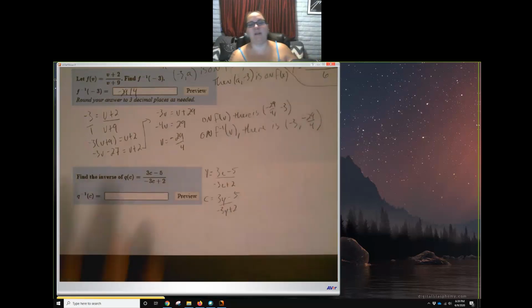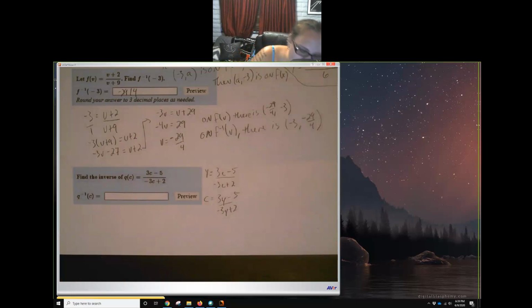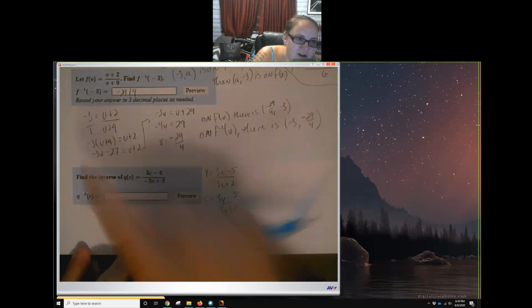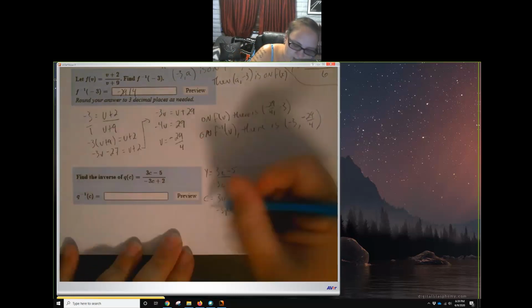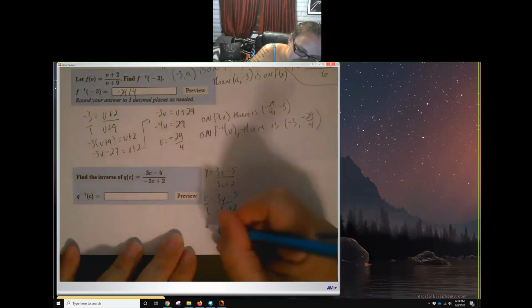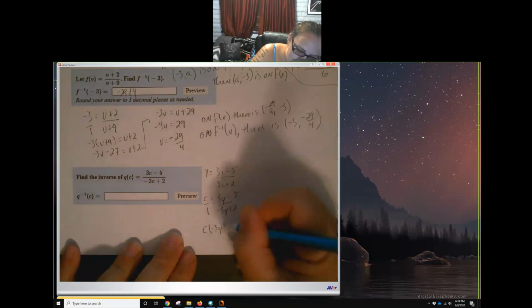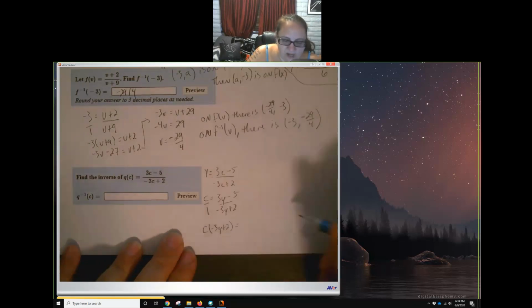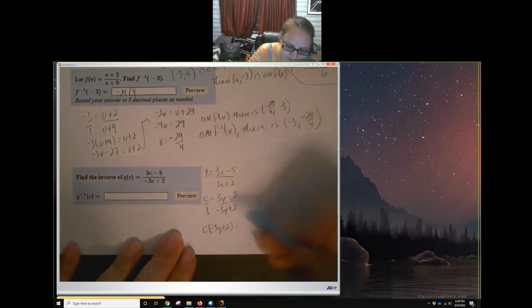Note that I made both of those c's y's. And then we're going to solve for y. So I'm going to do the same thing here that I did right here. I'm going to put the c over 1 and cross multiply. So then this is going to be c times negative 3y plus 2 equals 1 times 3y minus 5.